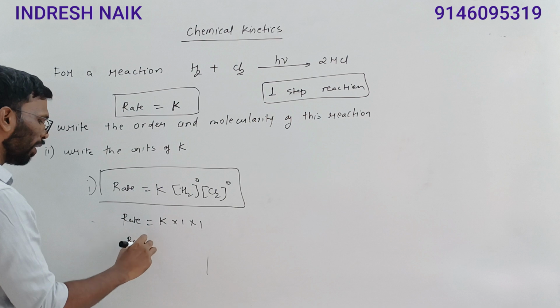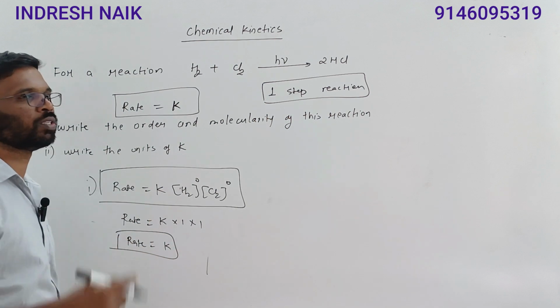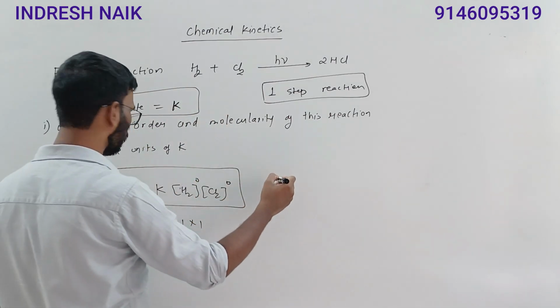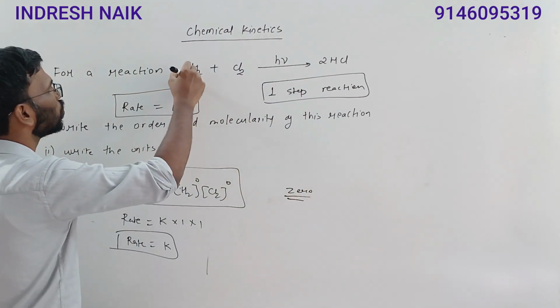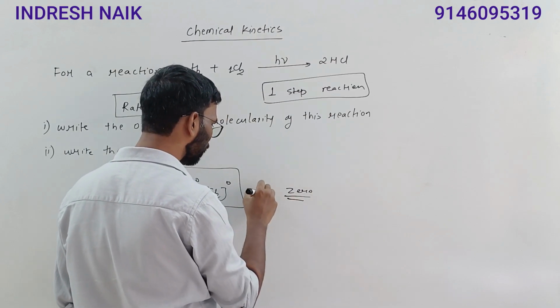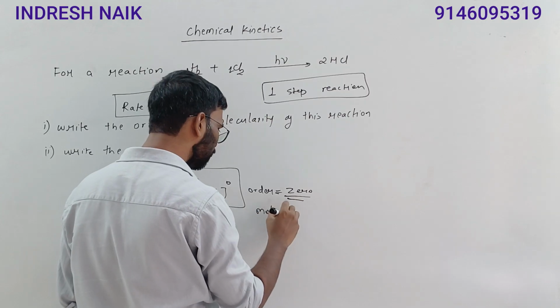So therefore rate is equal to K. You will get this only when the order is 0. So the order for the first one is 0. And what is the molecularity? Since it is a one-step reaction, this is 1 and this is 1. This is the order, which is equal to 0. And the molecularity is what?